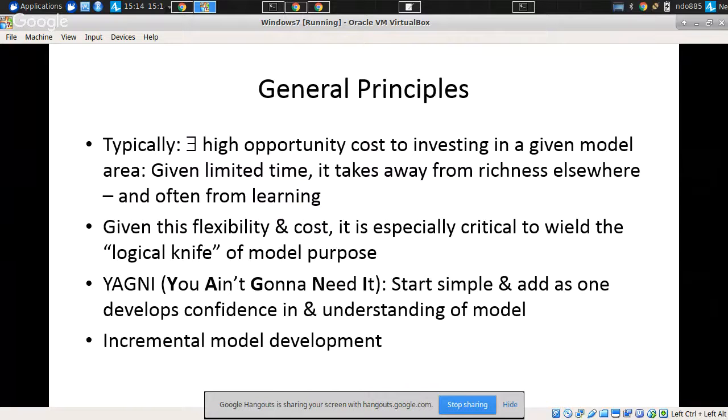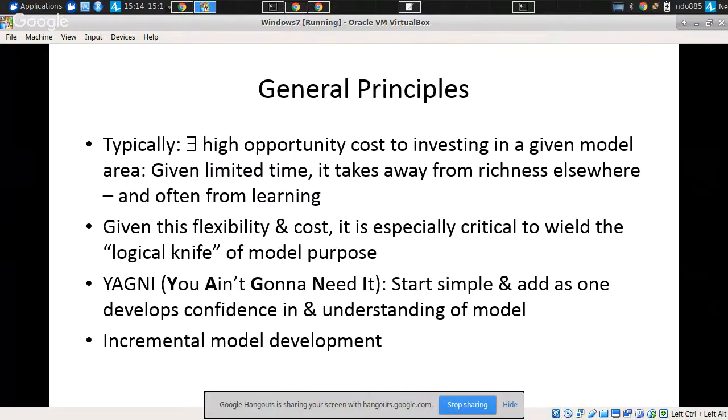And so it is with models. There's a tendency to try to build all sorts of things into them. And often that takes time away from other things that are more important. And perhaps even more important, it limits our learning because the model becomes so complex it's hard to learn from.